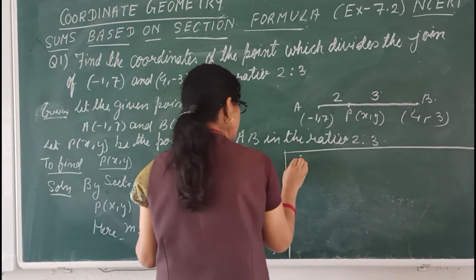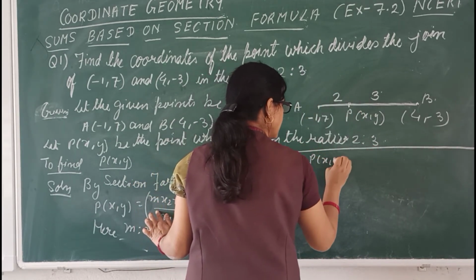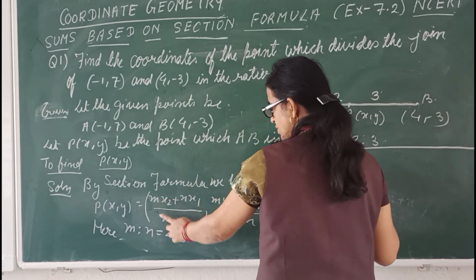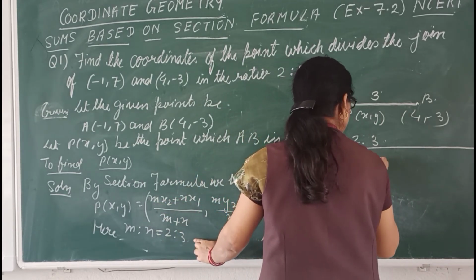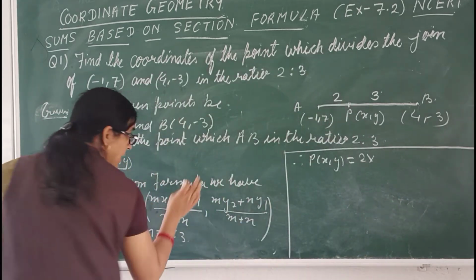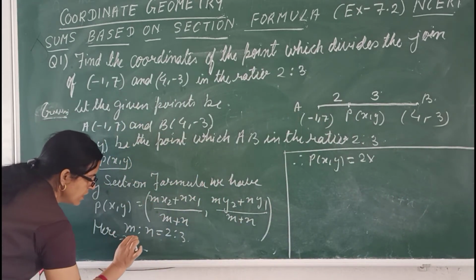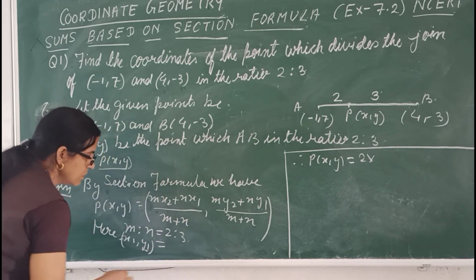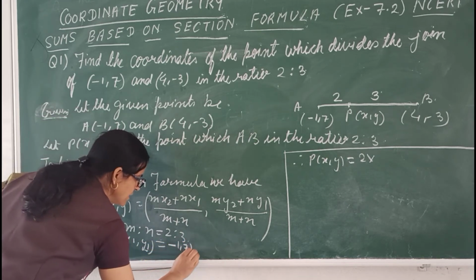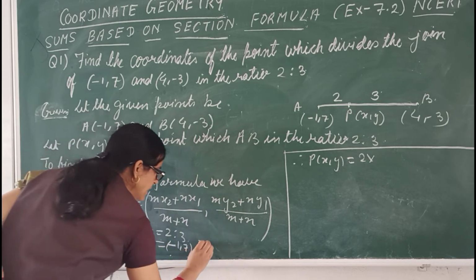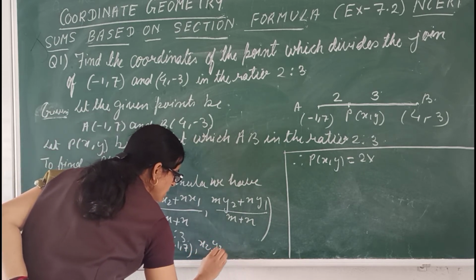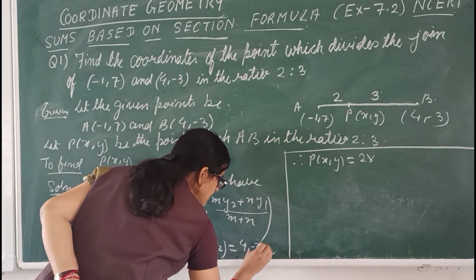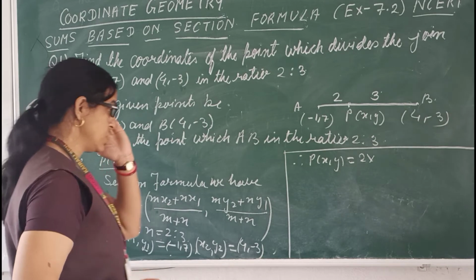Therefore, P(x, y) equals, let us put the value of m and n. m is 2 and n is 3. Here also you can write the value of x1, y1 equals (-1, 7) and x2, y2 equals (4, -3). Now let us put the values.